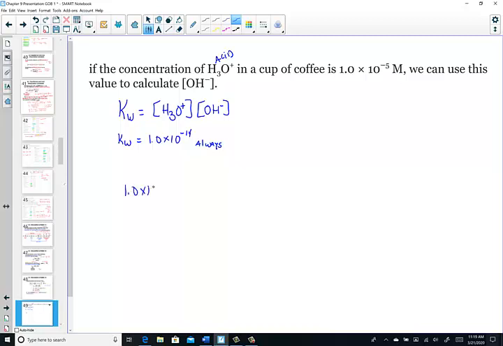the Kw constant, 1 × 10^-14, is set equal to 1 × 10^-5, which was the hydronium, times the hydroxide, which is what we need to solve for. What is OH going to be equal to?